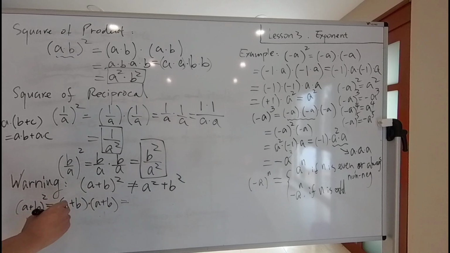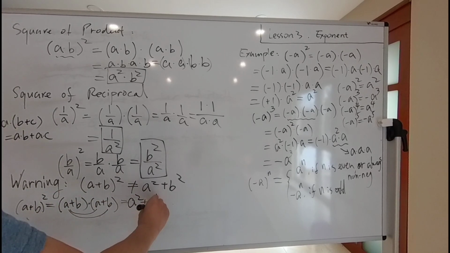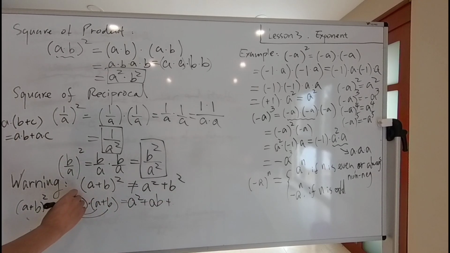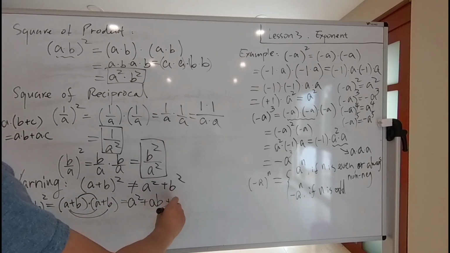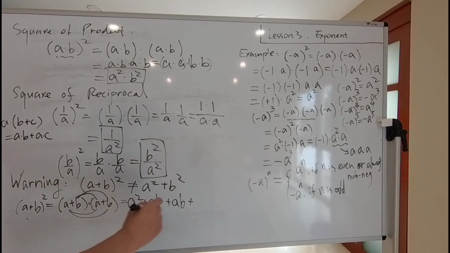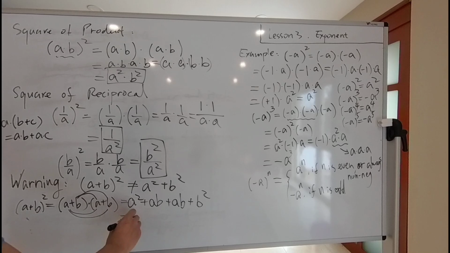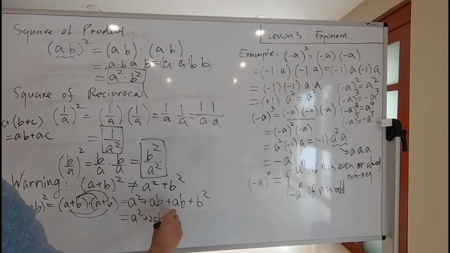If you remember how to do this calculation, it's equal to the first terms multiplied together, a squared, plus the first with the second term, ab, then plus the second term with the first term, ba or ab, and then with the second term, b squared. Simplify this a little bit. It's a squared plus 2ab plus b squared.